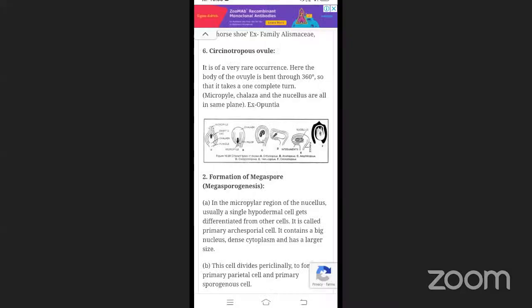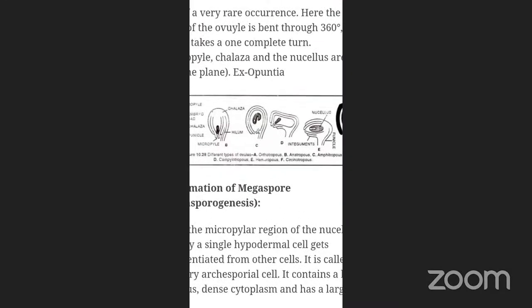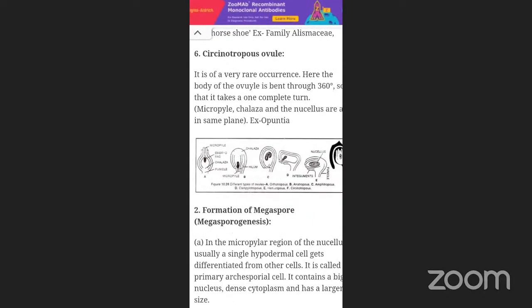So the first one is orthotropous. In the orthotropous ovule, the micropyle and funicle lie in a straight line.